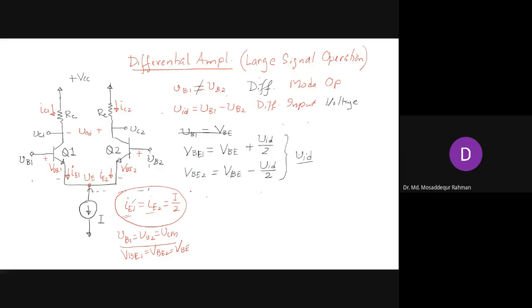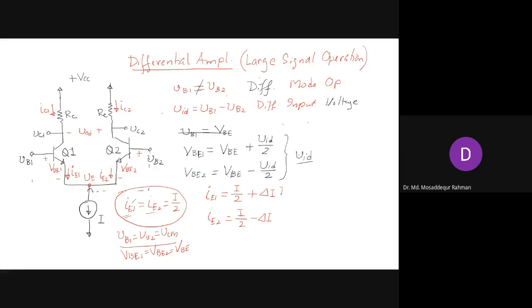So that will be reflected in the increase and decrease of the bias currents. Now we can write IE1, which before was I by 2, as I by 2 plus del I. So the forward bias current will increase by the amount del I for IE1, and the forward bias current for IE2 will decrease by the amount del I, so I by 2 minus del I.